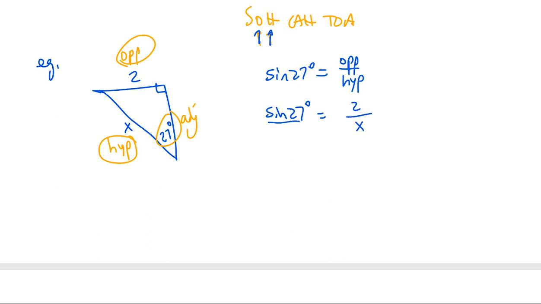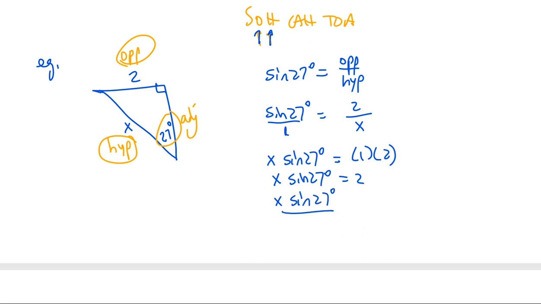Now the x is in the bottom, but that's not a problem because we're going to cross multiply. And I get x times sine 27 degrees equals 1 times 2. And so x sine 27 equals 2. But sine 27 is just a number from the calculator, so I can divide both sides by that number.